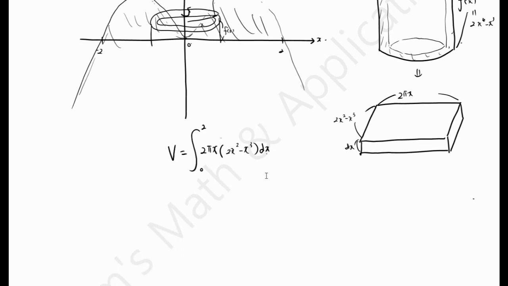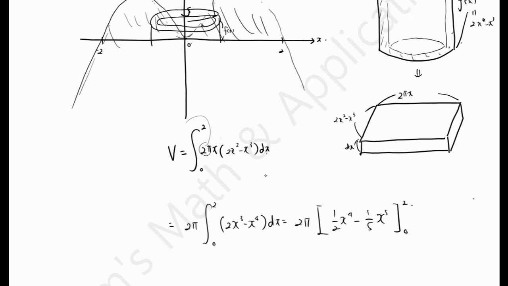So we can calculate this integration. This is 2 pi times the integral from 0 to 2 of 2x cubed minus x to the power of 4 dx. The 2 pi is outside the integral: 2 pi times (1 over 2 x to the power of 4 minus 1 over 5 x to the power of 5) from 0 to 2.